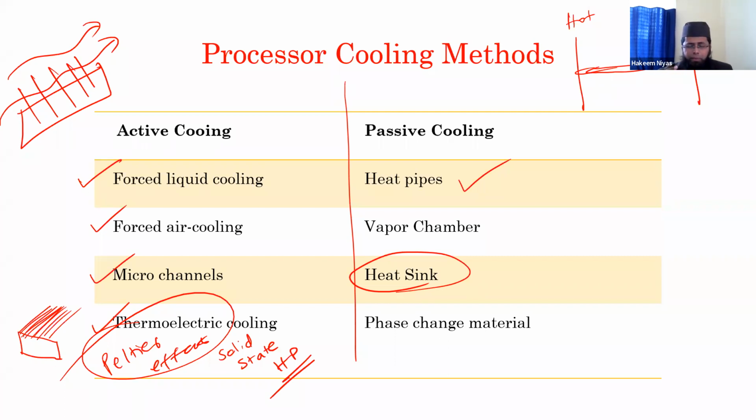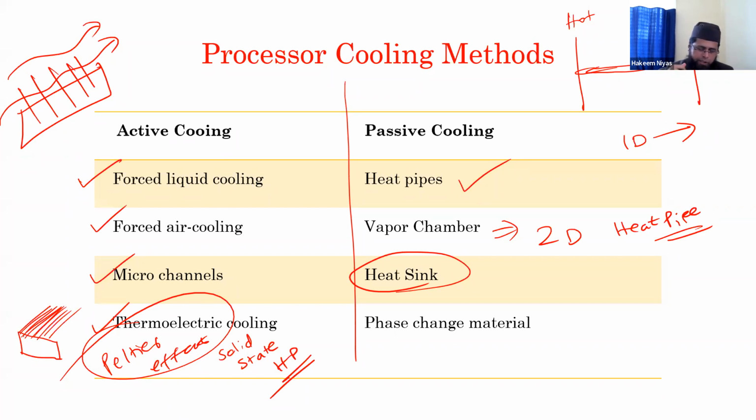Based on the buoyancy effect, the fluid will be moving, but in the heat pipe it is in one direction. The vapor chamber is, we can say, a 2D heat pipe, because normally in processors we have a 2D surface, like a square processor base.